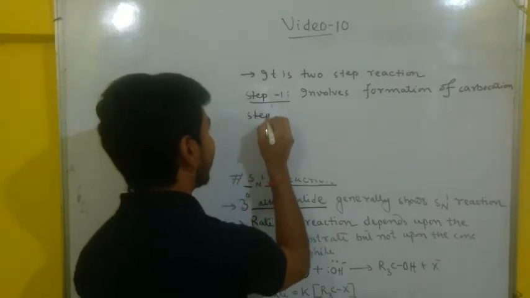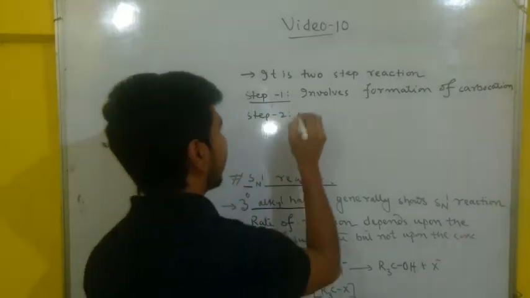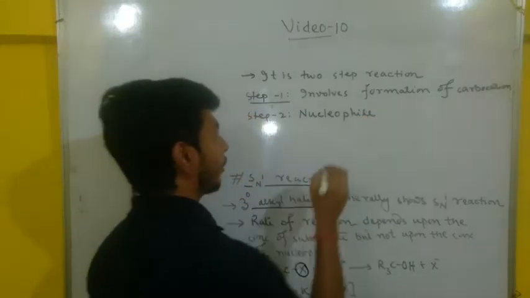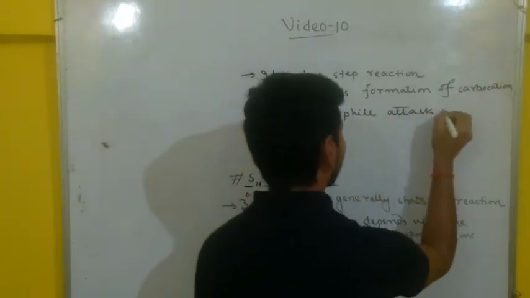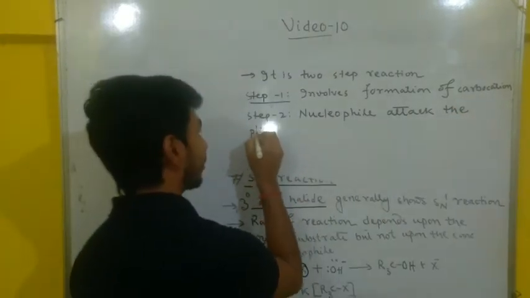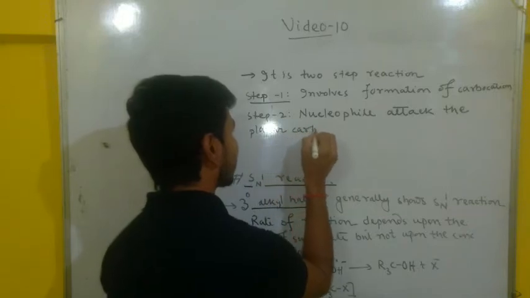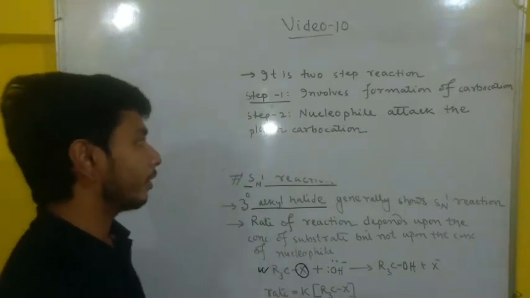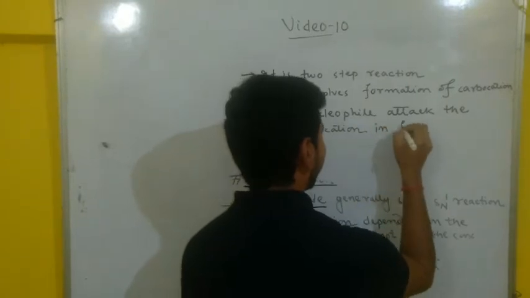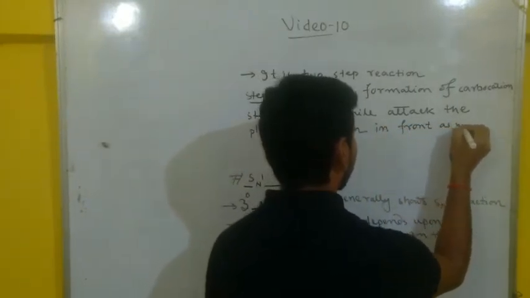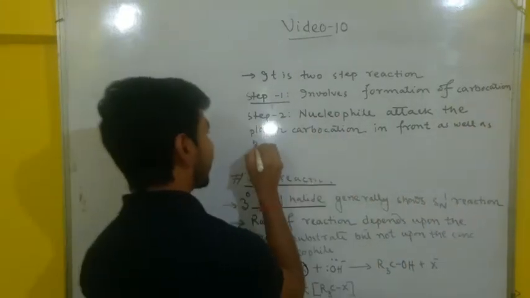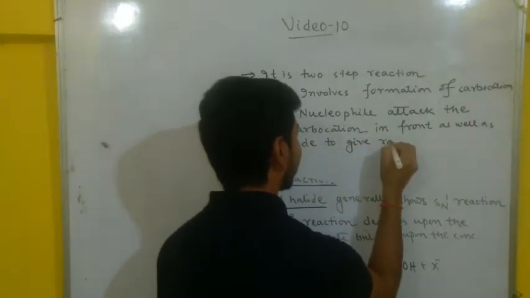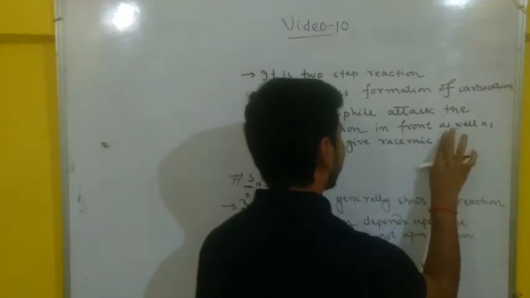And in step 2, the nucleophile attacks the planar carbocation in front as well as back side to give a racemic mixture.